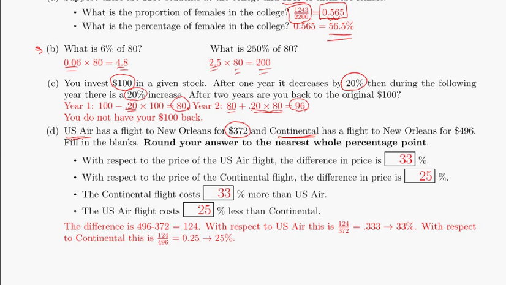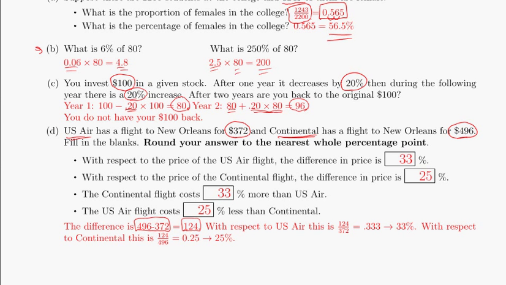If you want to talk about that difference in price in terms of a percentage, it depends which one you're using as the original value. And so the trick to playing this game is you first look at the actual difference. And the actual difference is 496 minus 372. Right, so you want to get the difference as a positive number. So you take the bigger one minus the smaller one. So the difference is actually 124.